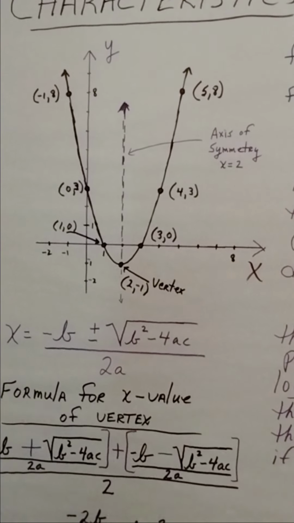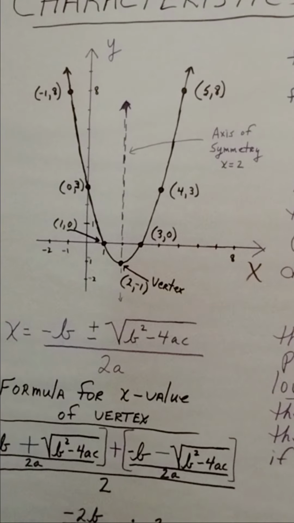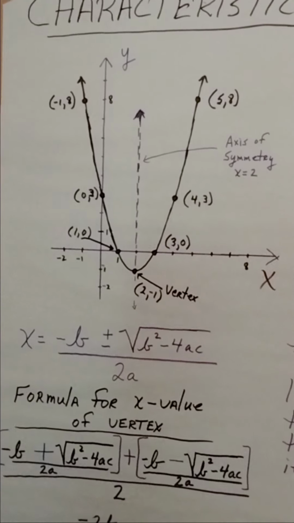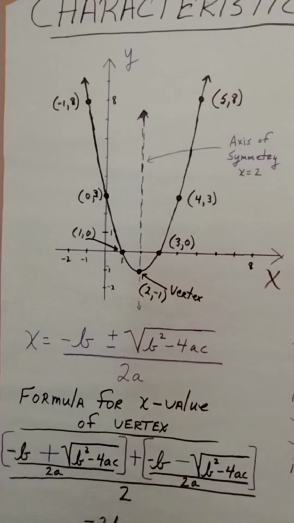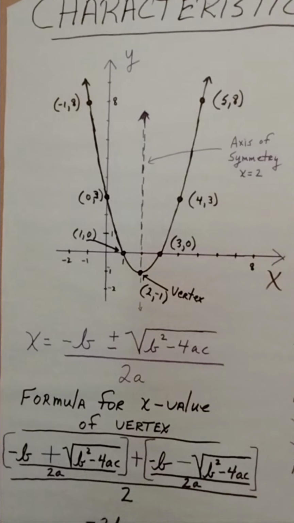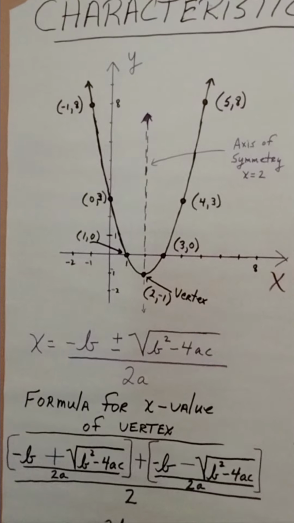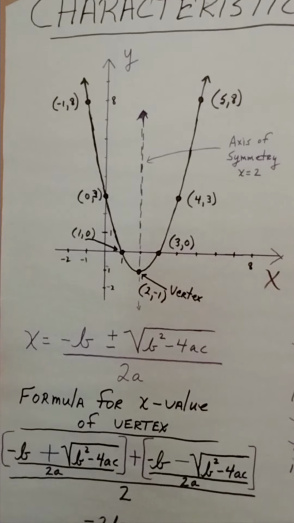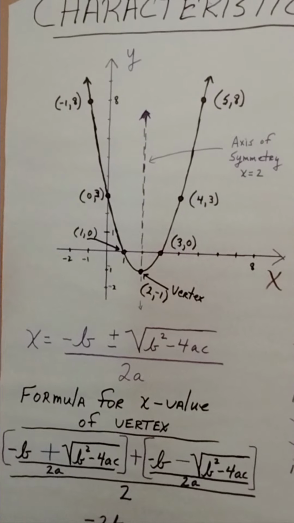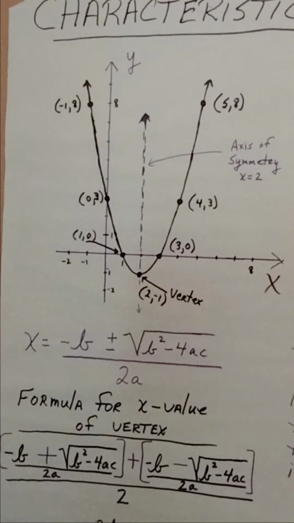If you take the x values of any pair of mirrored points on a parabola and you find their average, how do you find an average? You add up the numbers in the set and you divide by the number of items in that set, and that'll give you an average.